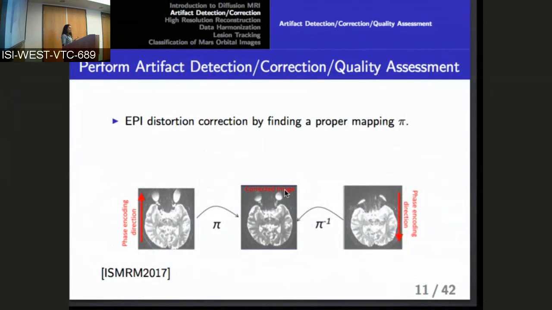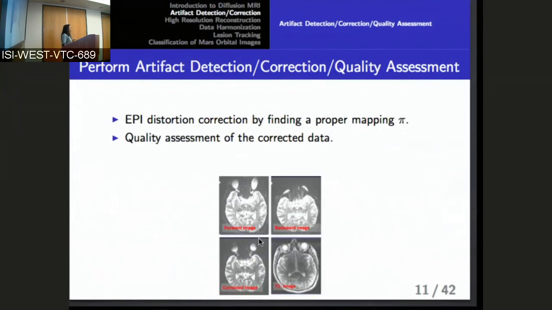But the aim is, given these two images, we want to end up with one image, which is shown in the middle. And we want to find this pi transformation such that applying pi over the forward image, we end up with this image, and applying the inverse on the backward image, again we end up with it.